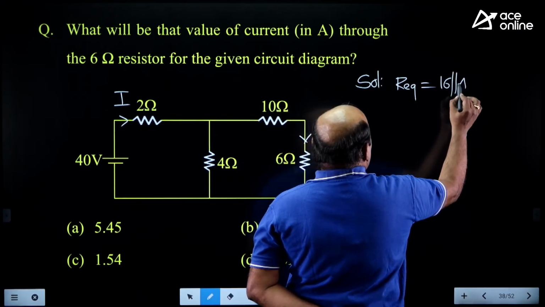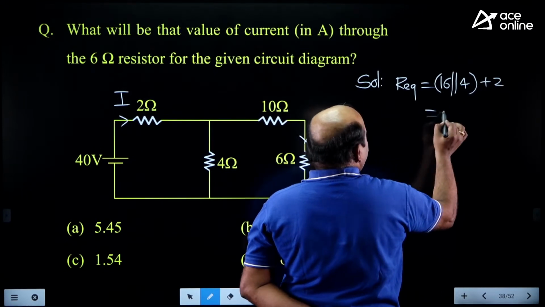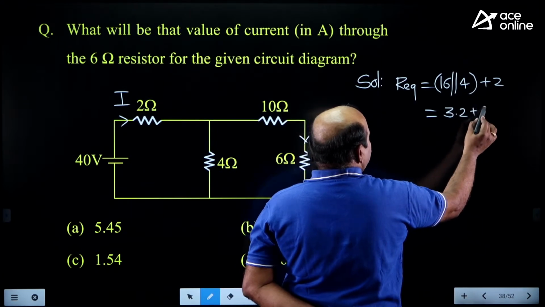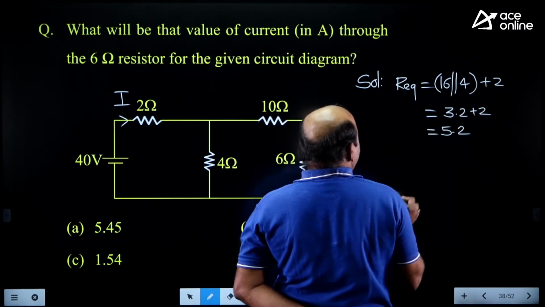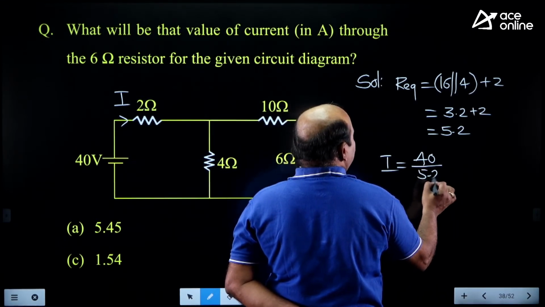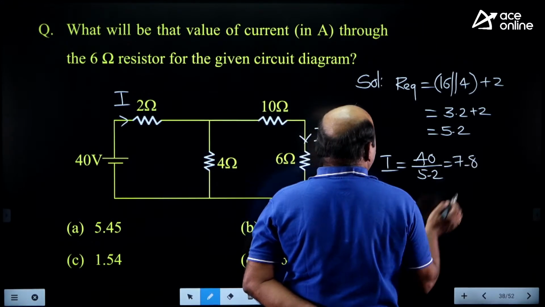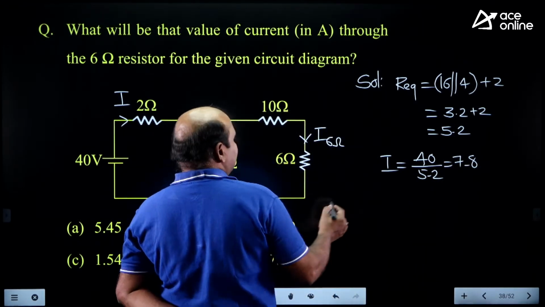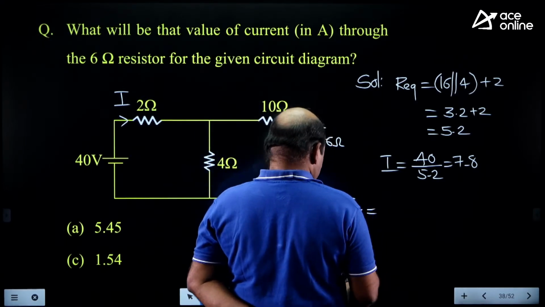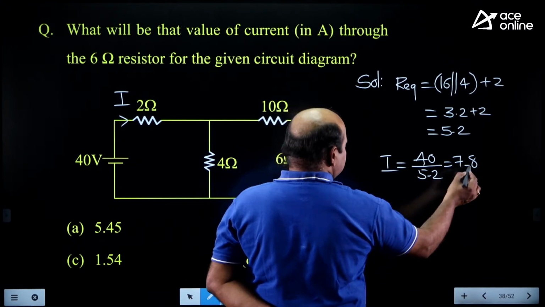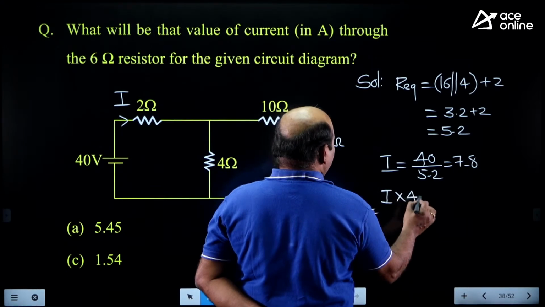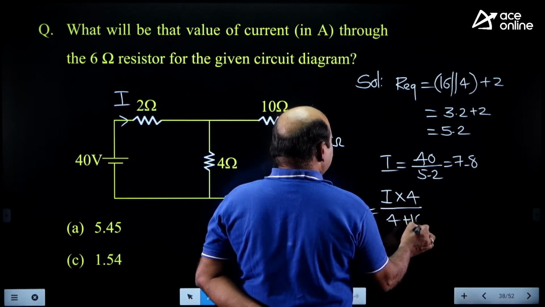16 in parallel with 4, plus 2. What we are getting is 16 into 4 by 20, which is 3.2, plus 2, nothing but 5.2. Now how do we get the total current? 40 by 5.2, here 7.8 or so. Once you get the total current, I6 is equal to the total current I into the opposite resistor 4 by 4 plus 16, which is 20.